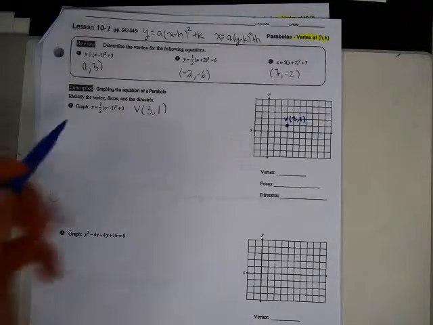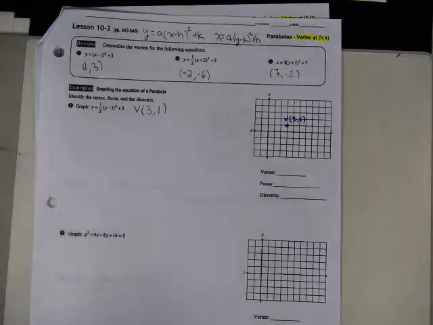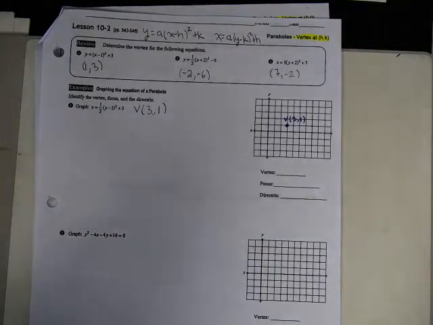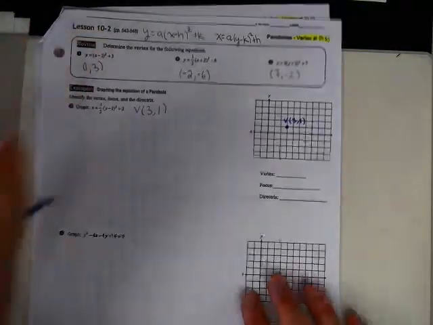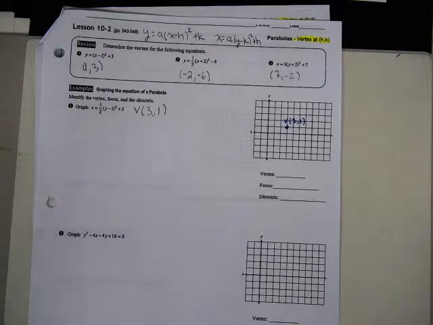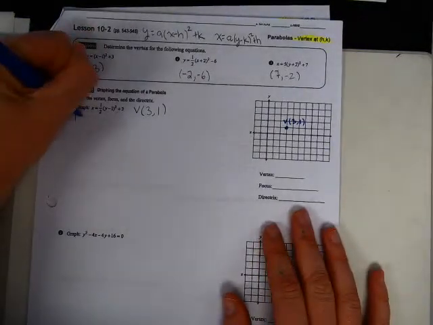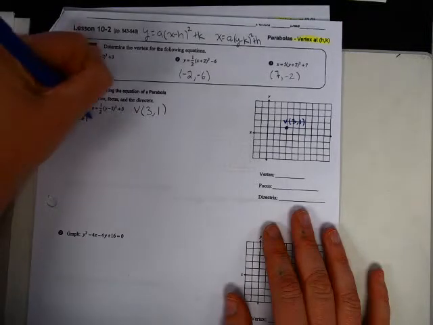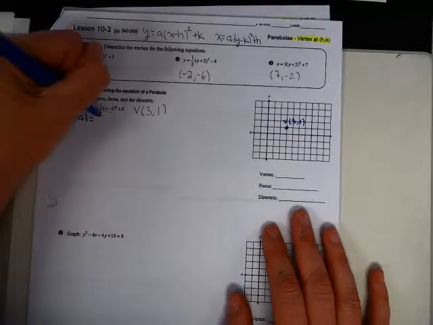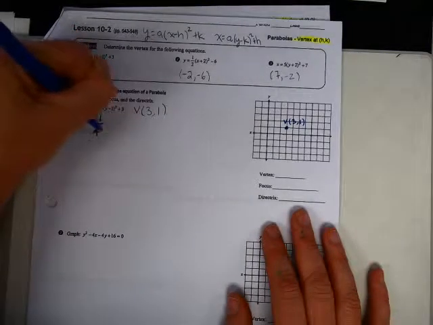Okay, so let's see here. So I have my vertex. Now I want my focus. So what I need to do is use the same formula we used in the previous section. That's going to be absolute value of a equals 1 over 4c.